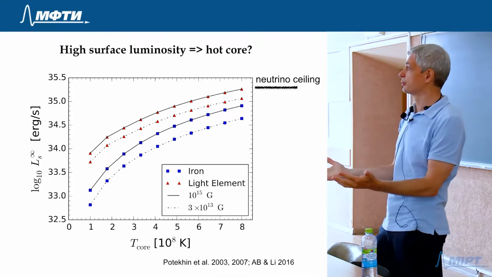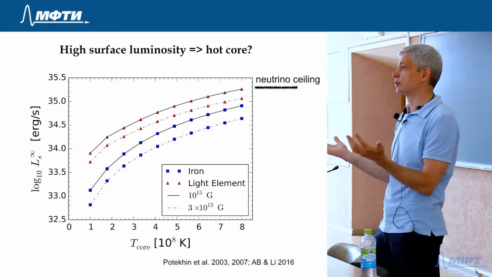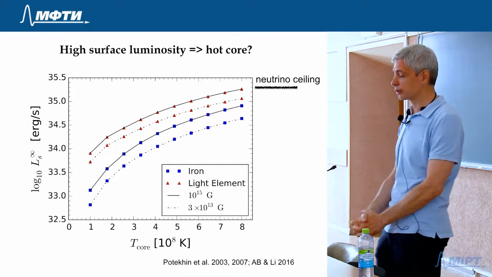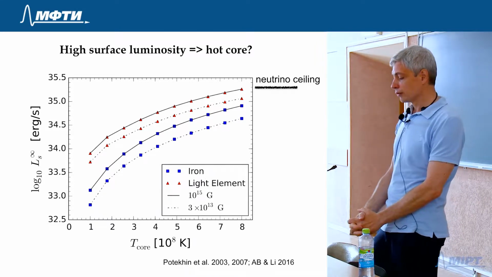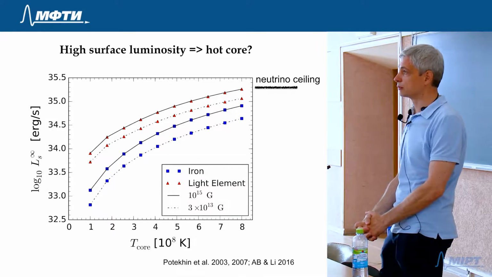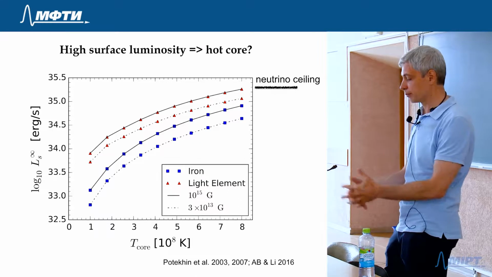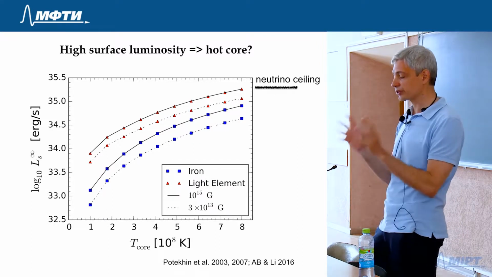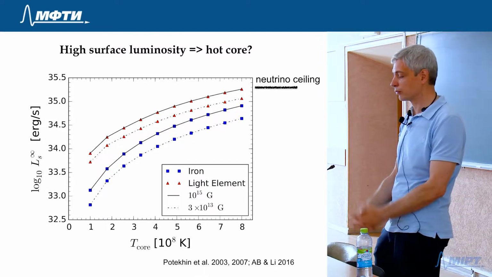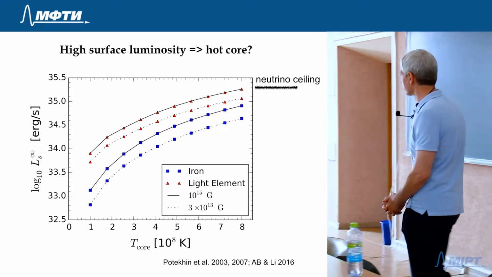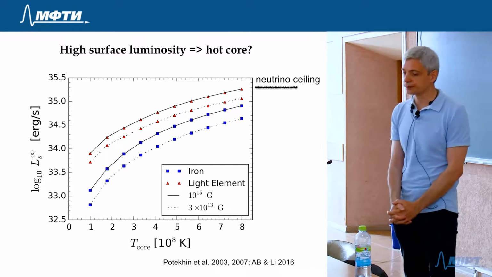And in simple spherical symmetric geometry, you can write the standard heat conduction equation, so it's quite a nice problem. You just need to know the conductivity. Fortunately, it was calculated in great detail, in particular by the St. Petersburg group, in particular Potekhin. They've done nice calculations in great detail of all the parameters, including thermal conductivity of the crustal material.